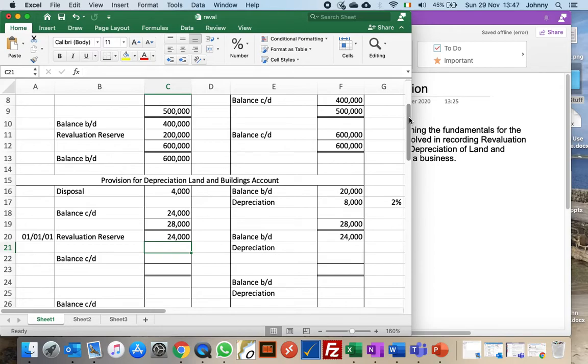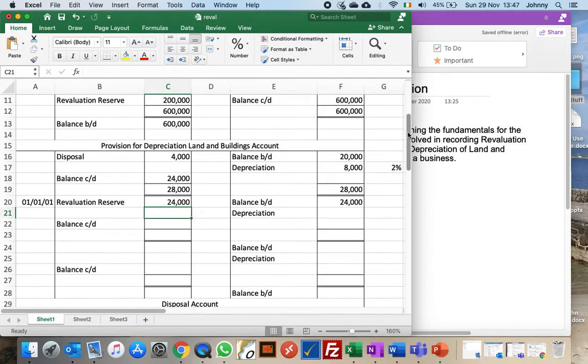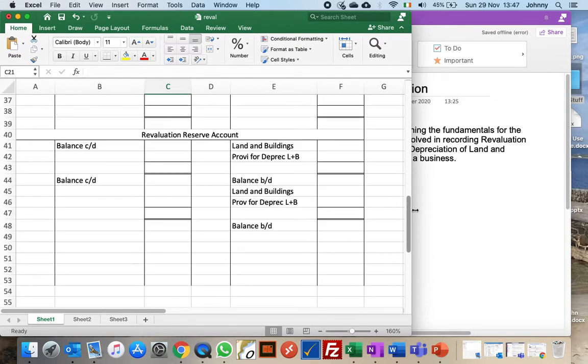But first, I'm going to transfer the 200,000 from land and buildings and the 24 from provision for depreciation into my revaluation reserve account. Land and buildings has gone up by 200,000, and I've cancelled my provision for depreciation by 24,000. So the total on this side is 24,000, and my balance CD must be 224,000.